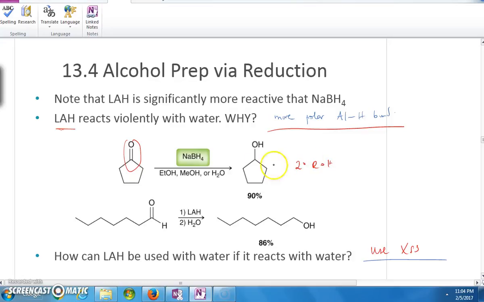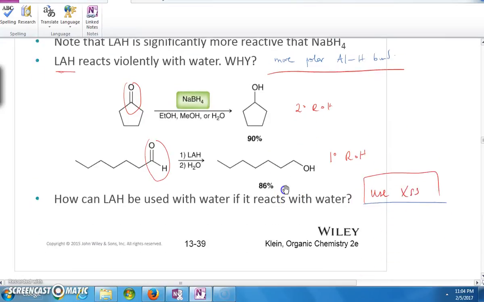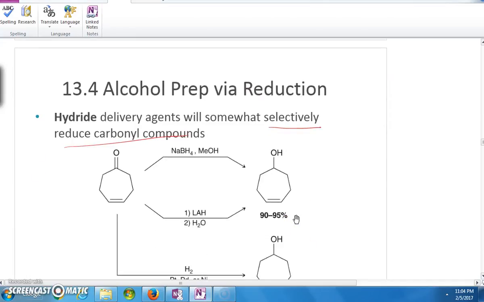Lithium aluminum hydride will take the aldehyde to the corresponding primary alcohol. Now, lithium aluminum hydride can be used with water because even though it reacts with water, you have to use an excess.